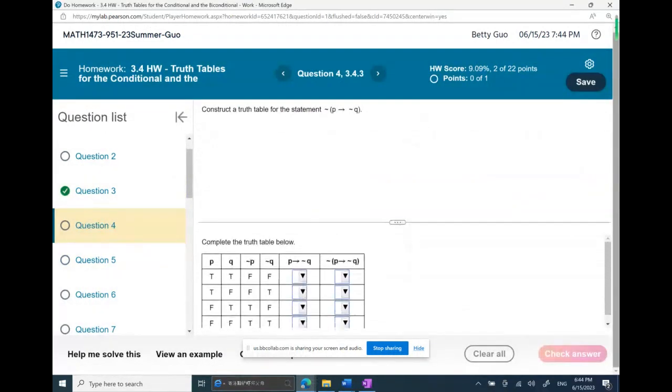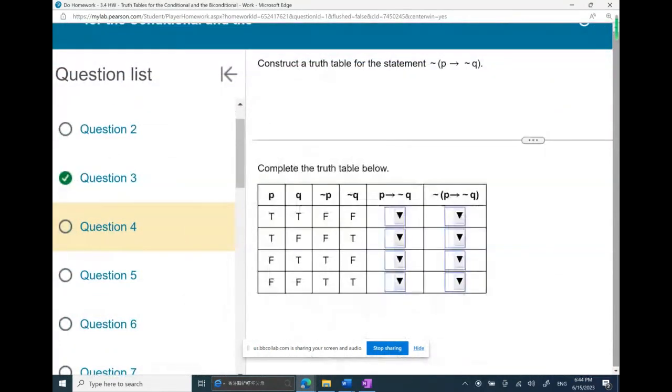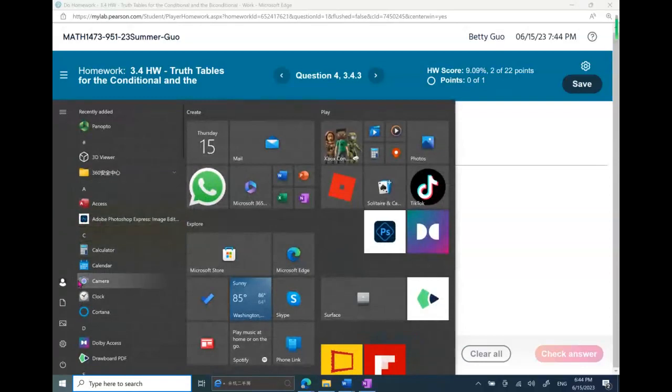Okay. Oh, do I have to always check here? Okay. All right, so look, this is column 1, 2, 3, 4, 5. Look at column 5. You know what? It's okay, I can copy and paste.